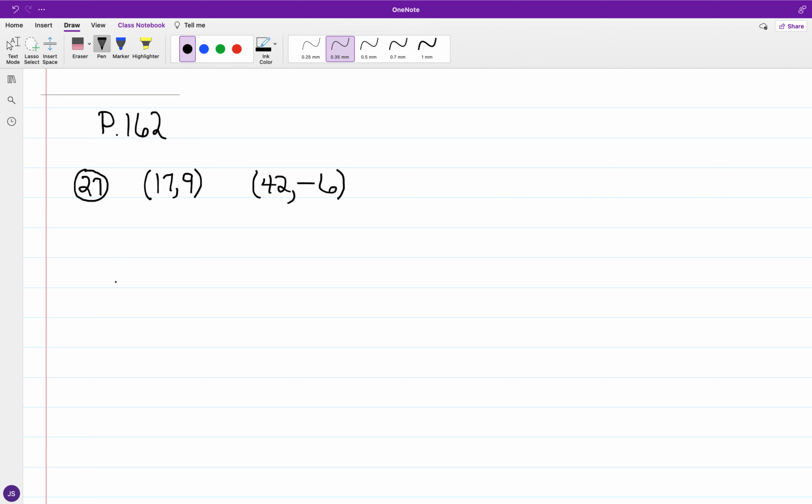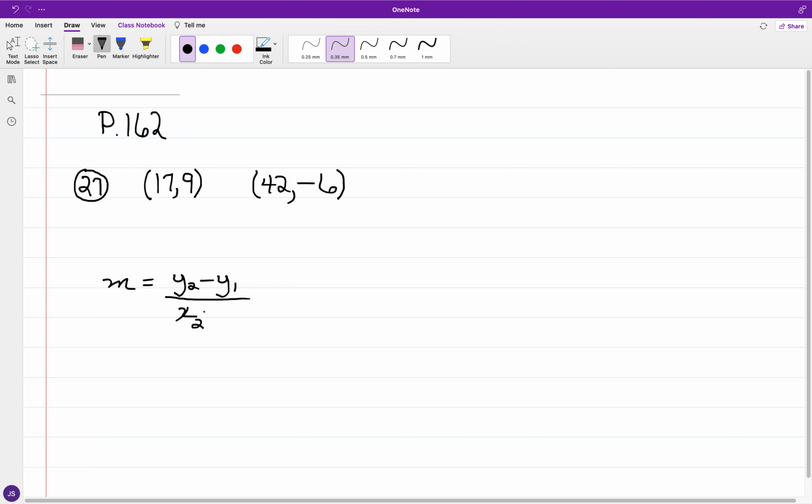And once again, for defined slope, we have the rate of change vertically with respect to the rate of change performed horizontally. So we have y2 minus y1, all over x2 minus x1, where x1 and x2 do not equal each other.